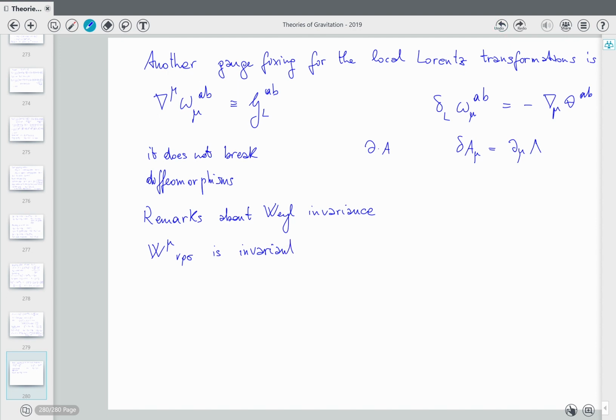If you raise and lower indices, you will have a certain transformation, because remember that G is the tensor that raises and lowers indices, and G transforms. If you want to transform the Riemann tensor, the Riemann tensor will transform with e to the minus omega.